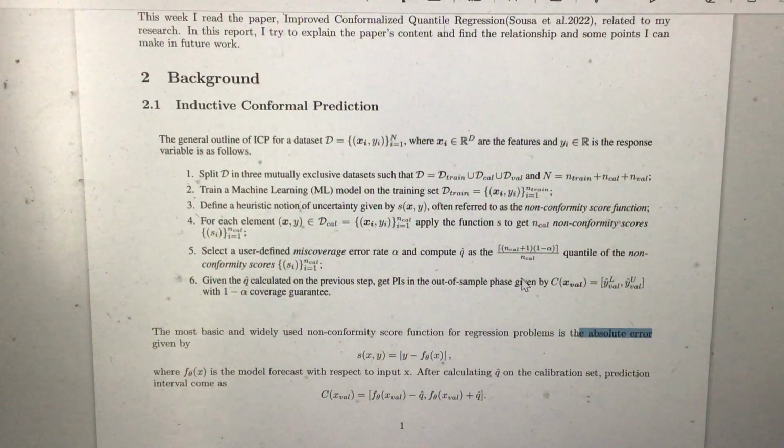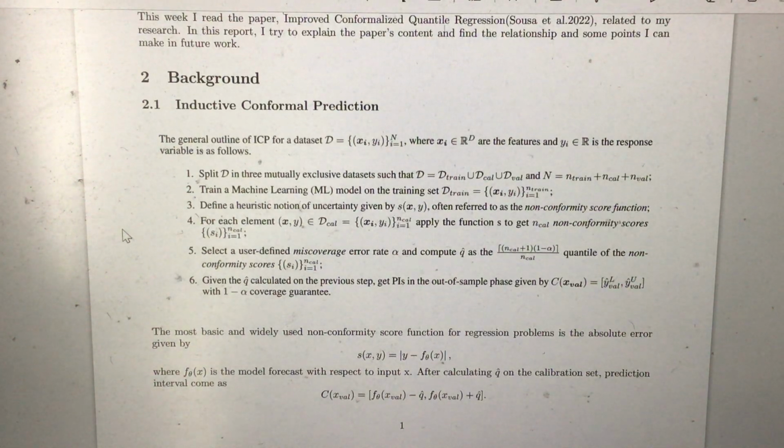After we have the non-conformity score, for each element in the calibration set we apply the function to get its non-conformity score. We use the miscoverage error rate alpha to compute Q hat, a quantile of the non-conformity scores.